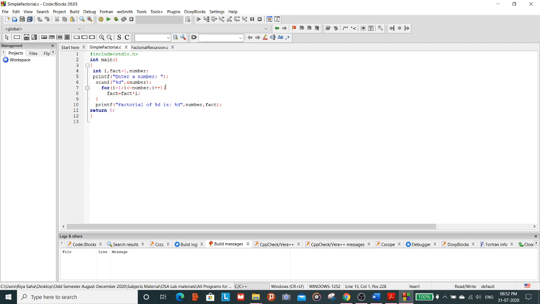Okay. Again increment i plus plus, that means now 3. In this way, when the loop stops, if the i value is 6 and the number is already 5, then the condition is false, control comes to here and it gives the result.